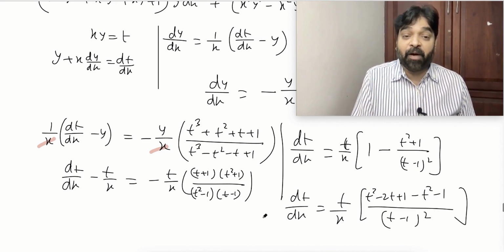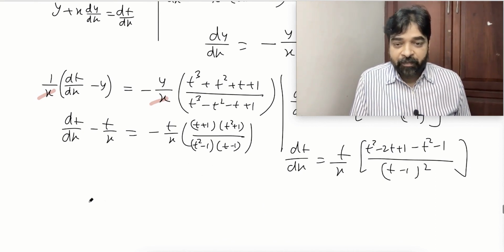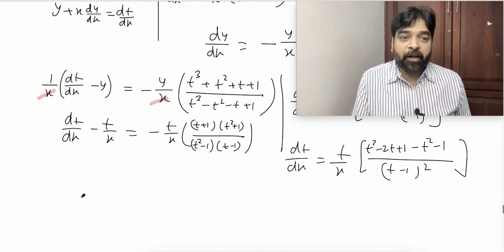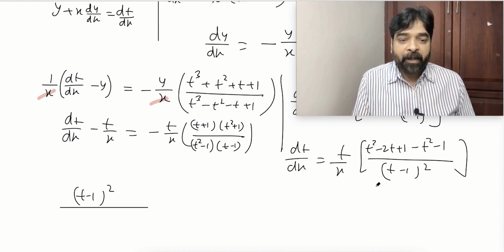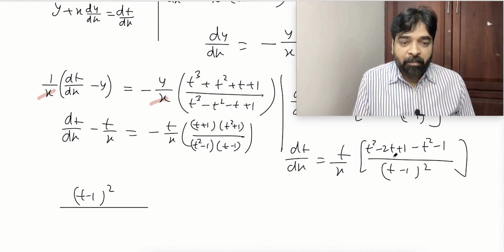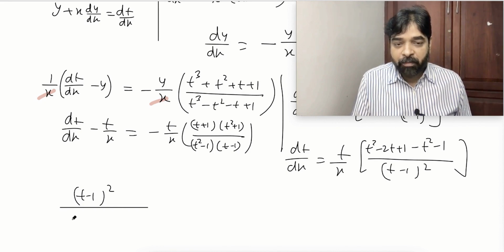Some people are thinking what is going on, some Chinese language. It's not Chinese. So it's going to be equal to (t minus 1) whole square divided by minus 2t. The 2 will get cancelled. Minus 2t square dt divided equal to dx by x.